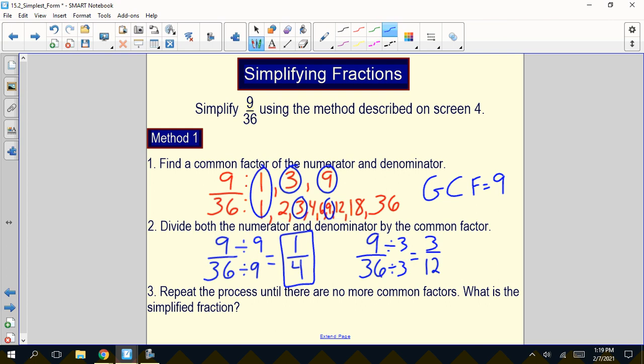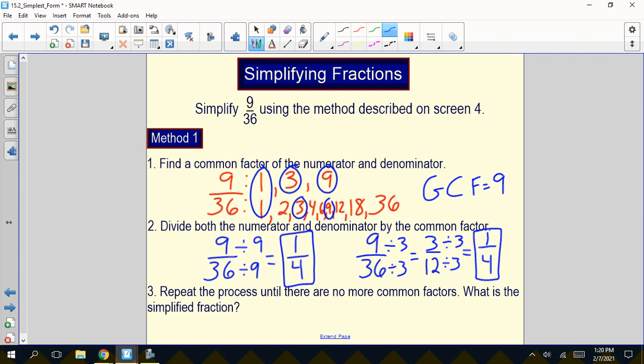You have to think, what goes into 3 that also can go into 12? 3 goes into 3, and 3 goes into 12. So I can divide both of those by 3. 3 goes into 3 once. 3 goes into 12 4 times. And our fraction, again, is 1/4.